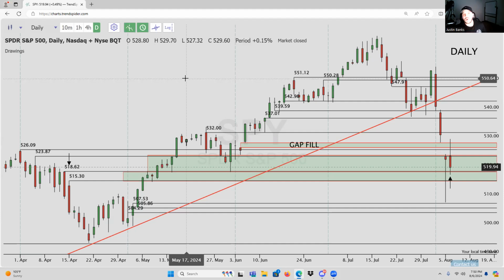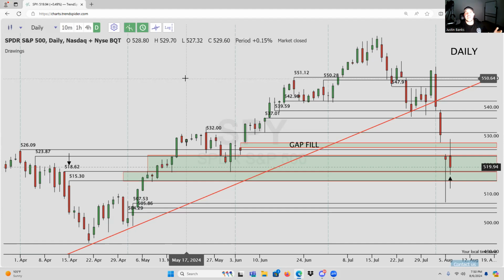You can see where we were holding, where we were trying to reject on that larger time frame. The larger time frames show you the bigger move. If you have a daily time frame, there's going to be that daily move. If you have a 5 minute time frame, it's going to be smaller moves. So zoom out, look left, always look at the bigger picture.